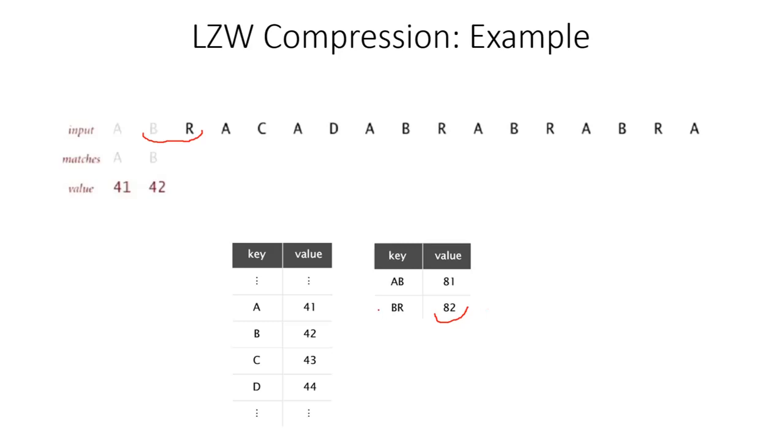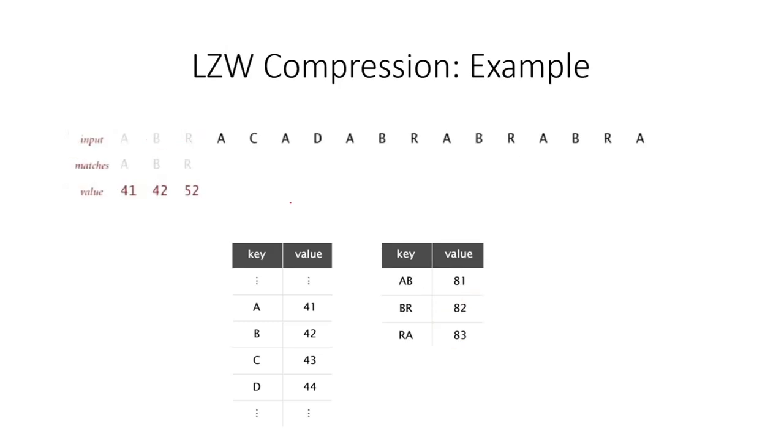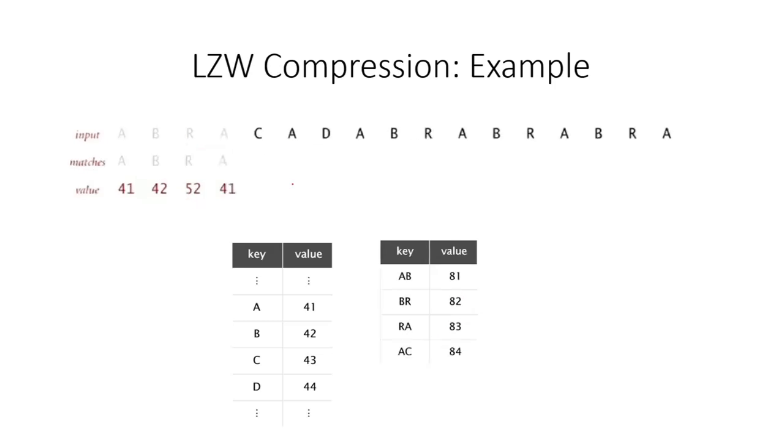So we add this key and the value into our table. Then we have R, and R in our ASCII code is 52, and we say that this prefix RA has a value of 83. Then we have A. A has a value of 41, and we see that AC has a value of 84.